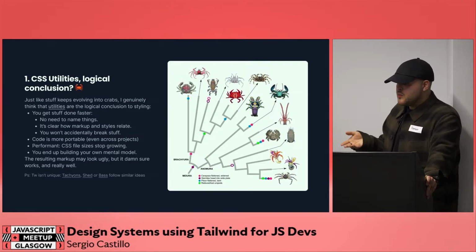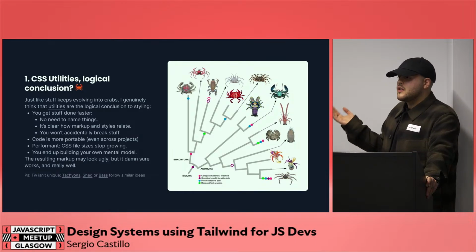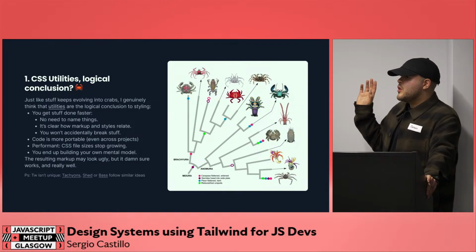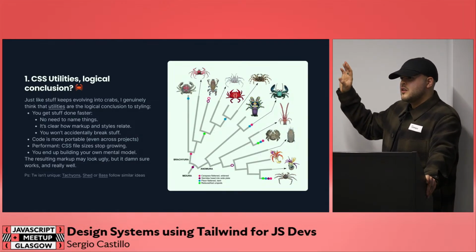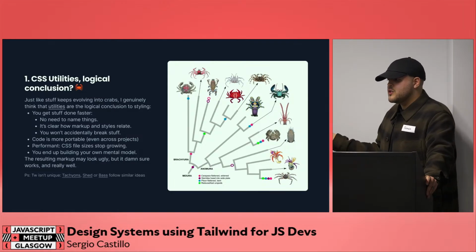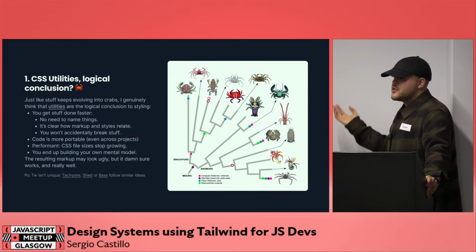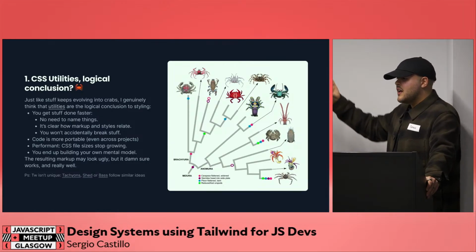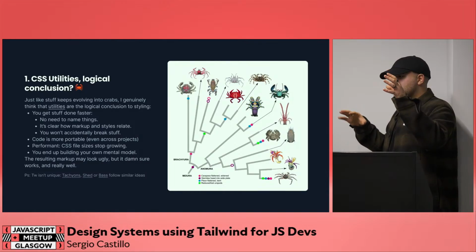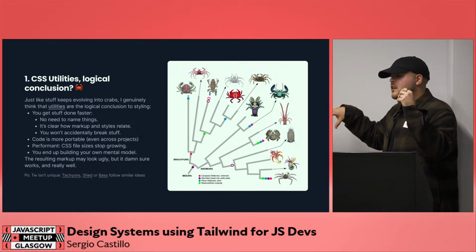As I said, when you're building stuff using traditional semantic CSS, you have multiple points that you need to pay attention to as you're building your UI. Your CSS has the same structure as your HTML.